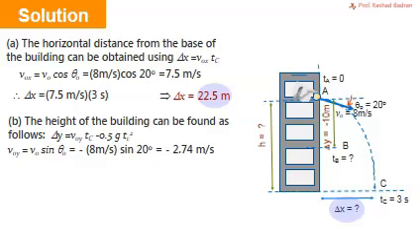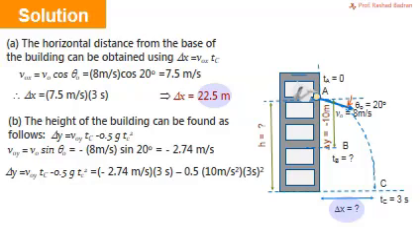V naught y can be obtained easily from the angle and the magnitude of the initial velocity, and you will get 2.74 meters per second with a minus sign. The minus sign again is because the ball along the y-axis is going downward.